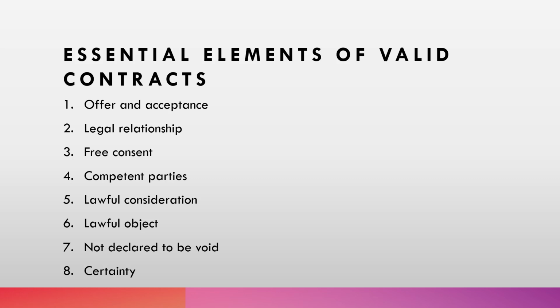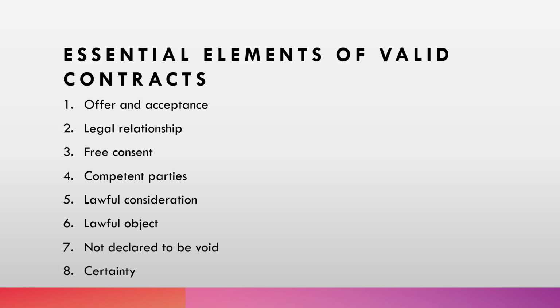For example, lawful object and consideration. Suppose one person wants to kill somebody. There is one agreement, and one has given a contract to another person to kill that person. So it is not lawful, it is unlawful.